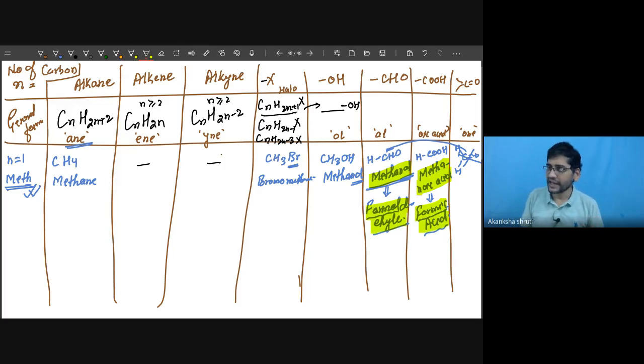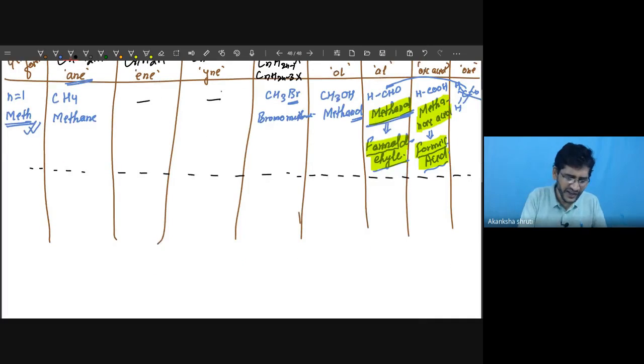Now let us consider n equals 2. Any doubt, then please ask. Whatever rule of nomenclature I had given, the same I am applying here. I am just tabulating. Let us take n equals 2, or you may just put a dash here so that you can understand. For n equals 1, it is finished. Consider n equals 2.